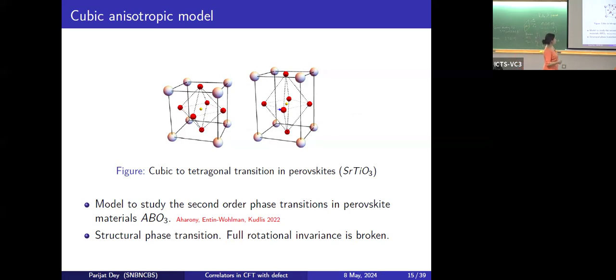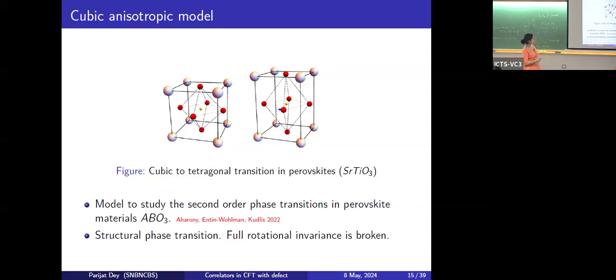This is relevant to study the second order phase transition in perovskite materials. So what are the perovskites? These are materials composed of two ions A and B, which can be different ions, and 3 oxygen.